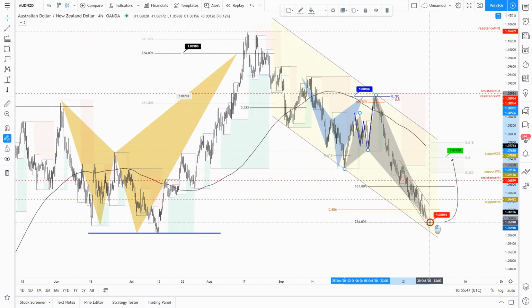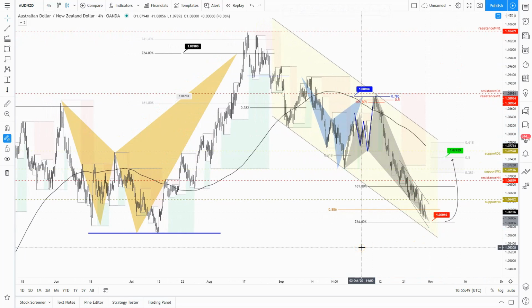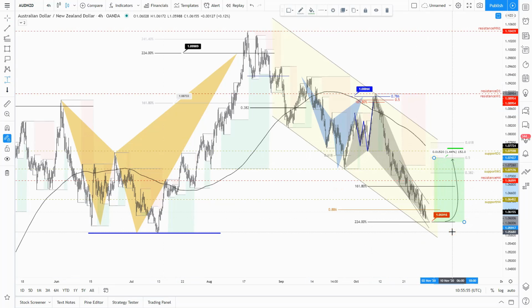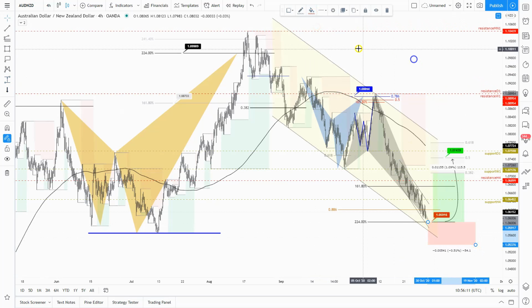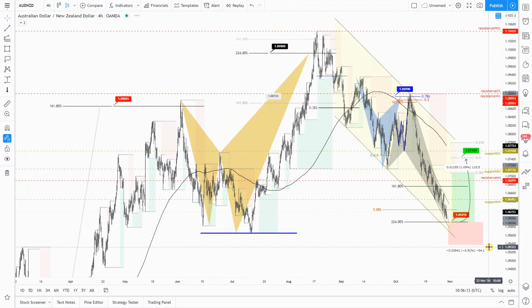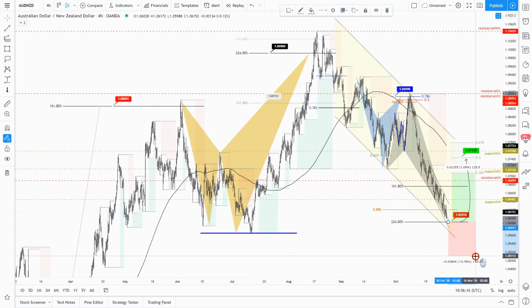So basically that is the 224% Fibonacci extension, and as a pattern trader, you should target the 50% Fibonacci retracement level, or at least the 38% fib, 100 points above, 50 points below. Maximum 100 points, and that's what you can use.